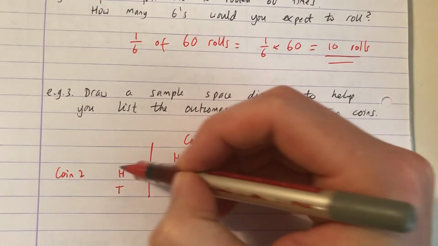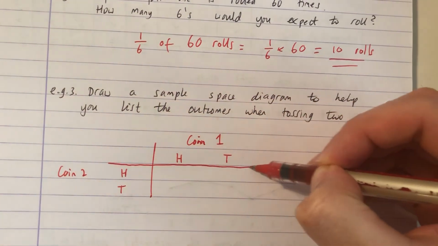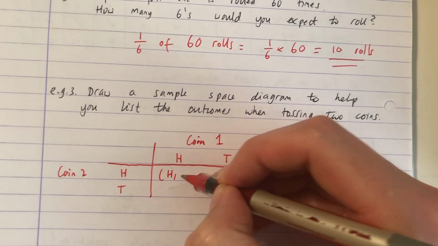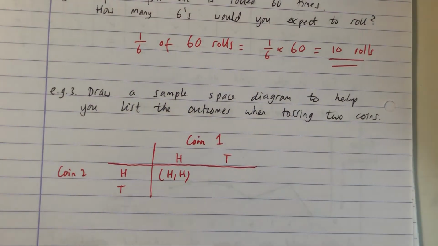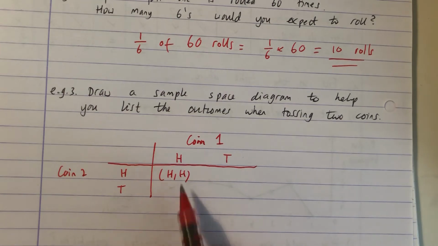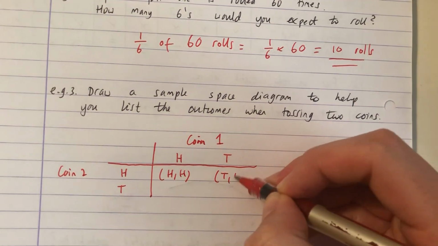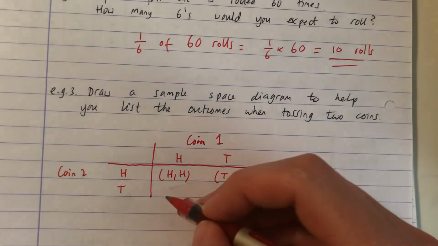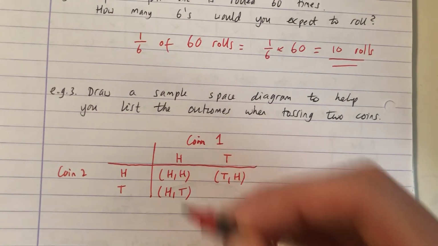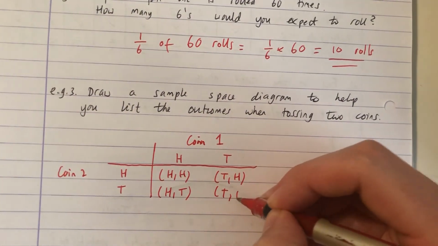And then inside this diagram, you write the outcomes, which would be head, head, tail, head, head, tail, and tail, tail.